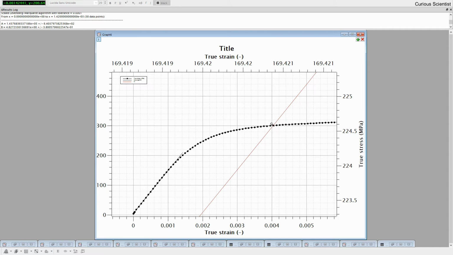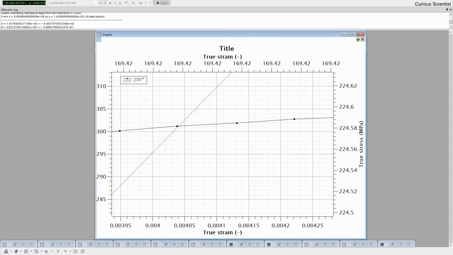So here we can see where the two curves meet, roughly 301. So the yield strength of this material, or the proof stress of this material, is 300 megapascals. So we can already write down one value, and we are very happy with it.